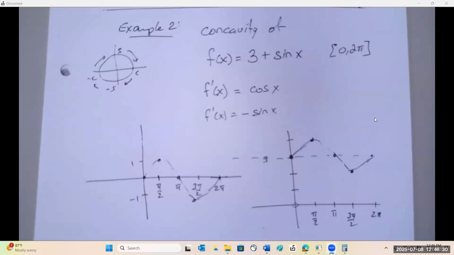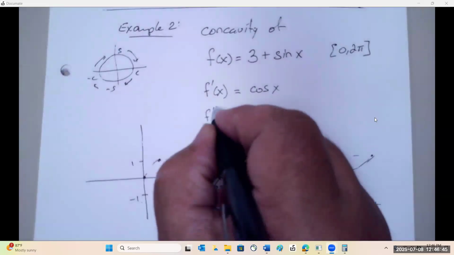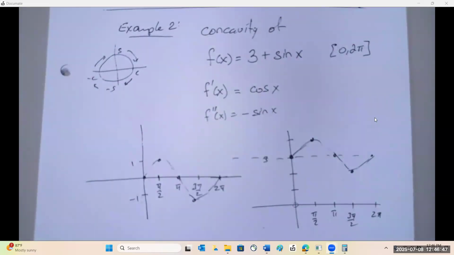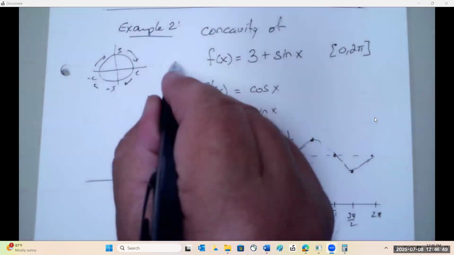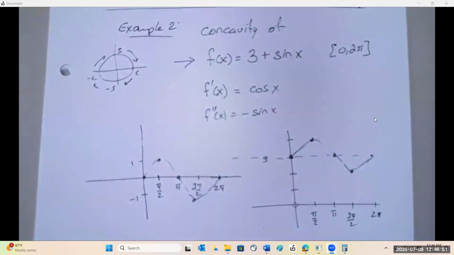Sir, shouldn't the graph be flipped for the negative sign? Negative sine is the second derivative. And we don't graph the second derivative. The second derivative is only used to find the concavity. The graph of the function is this one. The graph is always the original function.